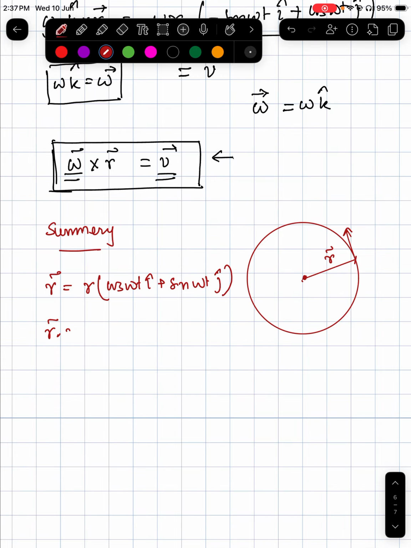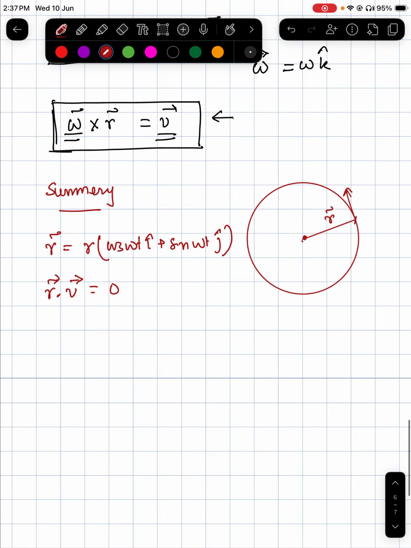So r dot v equals 0. And if the circular motion happens in the xy plane, then the angular velocity vector omega must be perpendicular to the plane, that means along the z axis, omega k. And omega, r and v are related by the equation v equals omega cross r.